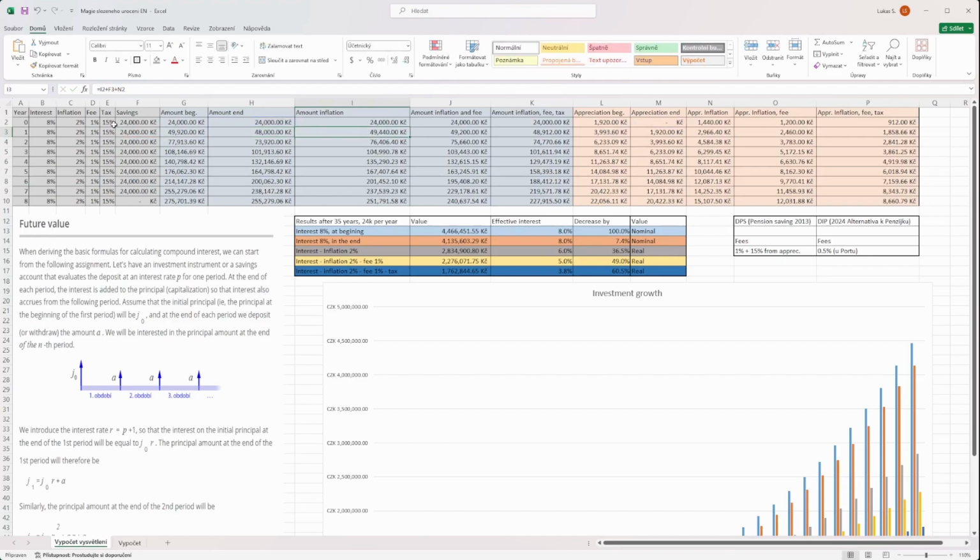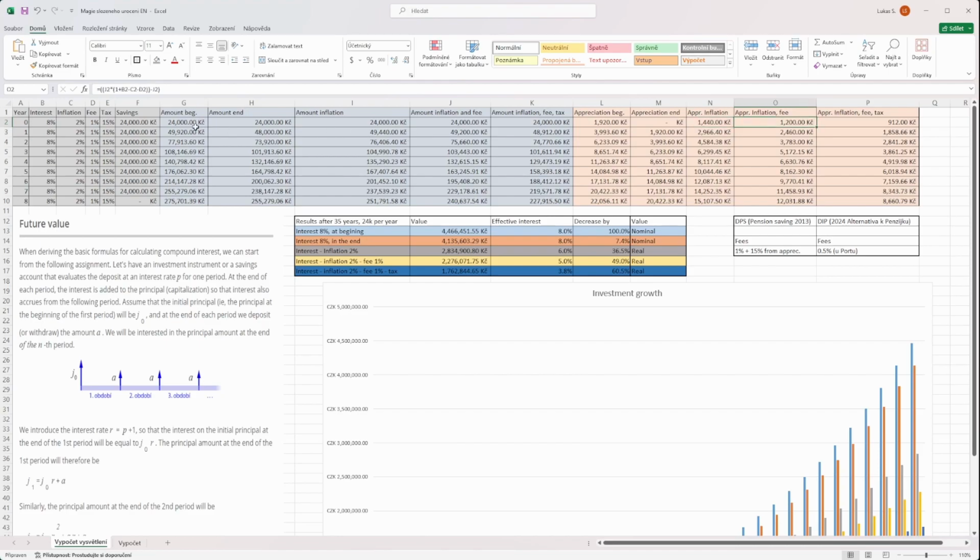Now, in case of inflation, it's calculated exactly the same way, but in these 3 cases, we assume that the amount is being put at the beginning of the interest calculating period. So then here it's simple because we just calculate the 8% increase on this amount. In case of inflation, we just decrease the interest by 2%.